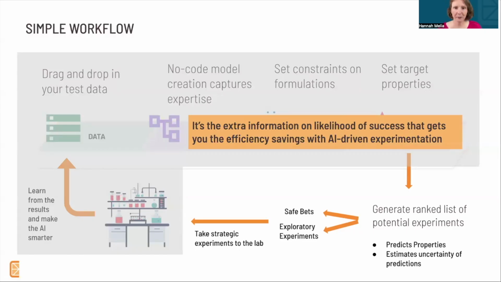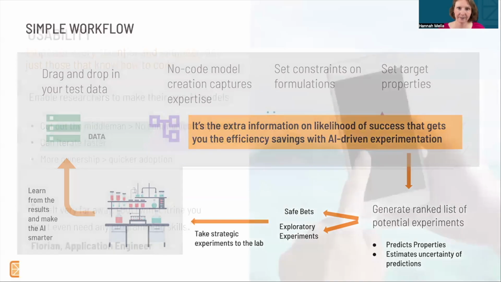In design of experiment, all the experiments are equally likely to be successful or to fail. So it's this extra information that you get from calculating the uncertainty of your predictions that lets you be more strategic about what to take to the lab. And that is why we see between 50 and 80% fewer experiments to hit targets.